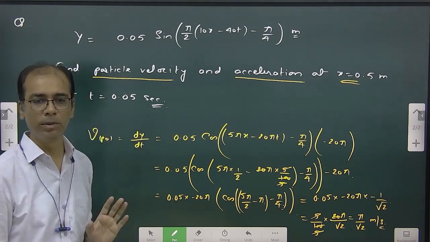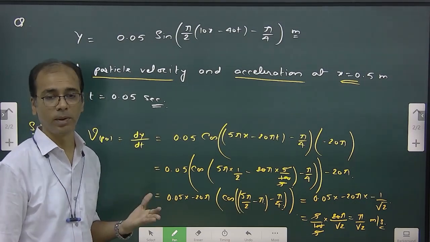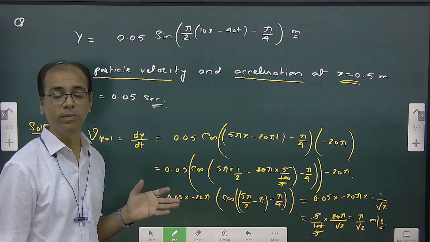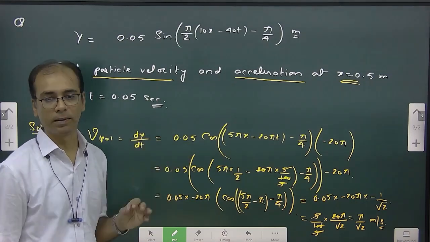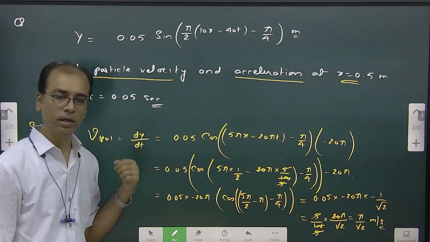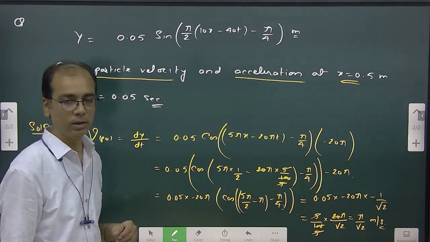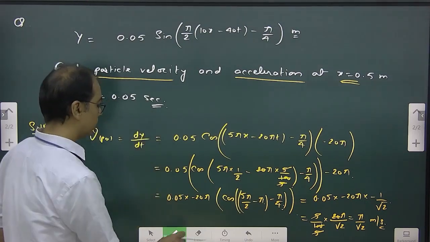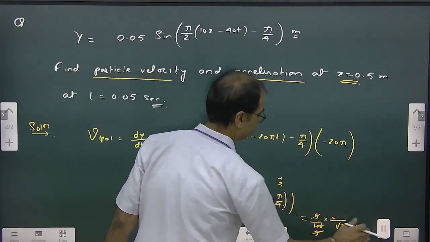Maximum speed will always be a omega, and maximum acceleration is omega square a. But in this one, position along x is given. So you have to use this given equation, find the velocity and acceleration of the particle, and then keep the values. So acceleration also we can find by differentiating this one.